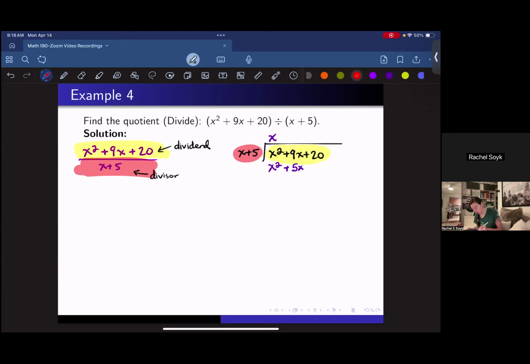That's what we are subtracting from our dividend to see what's left over to continue to pull out some more. So x squared minus x squared cancels out. And this is the mistake that most students make, so please don't forget about this negative chilling off to the side. We have 9x minus 5x, and that gives us 4x.